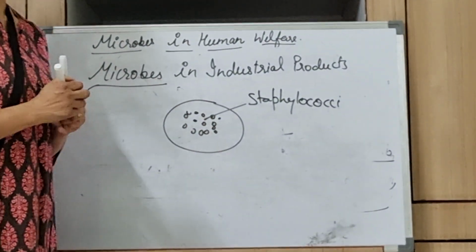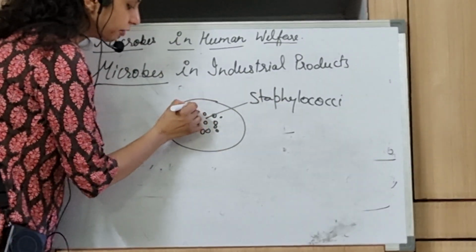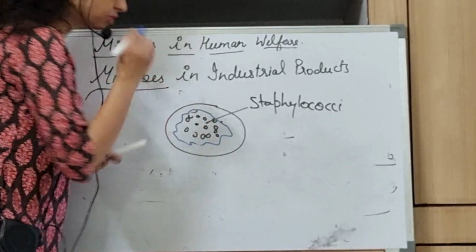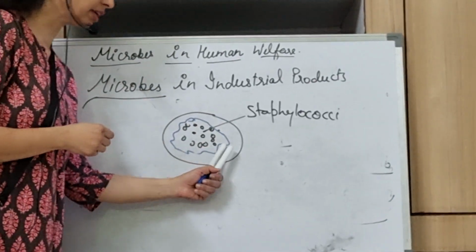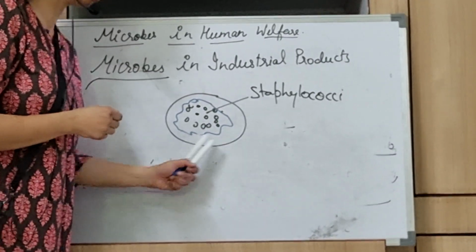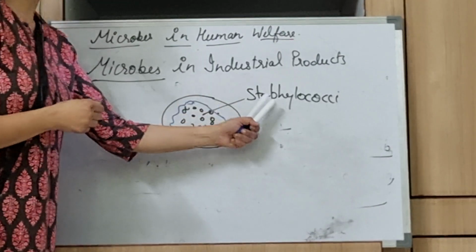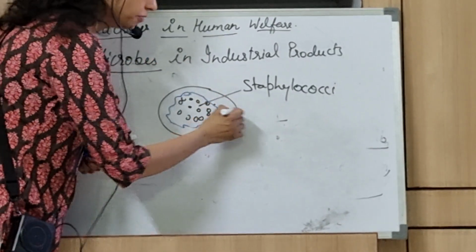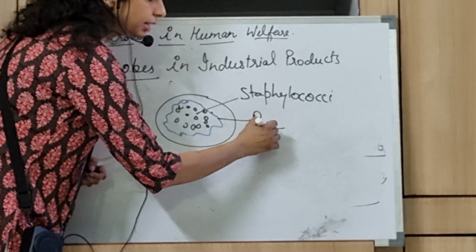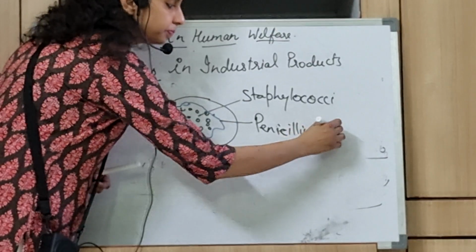But it did not happen. When he came the next day, he found that the growth of Staphylococci was restricted. He believed that something was growing around the Staphylococci which was stopping the growth of the bacteria. Later it was found out that it was a fungus called Penicillium notatum.